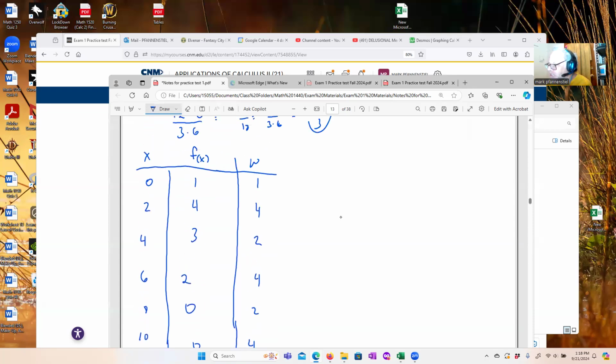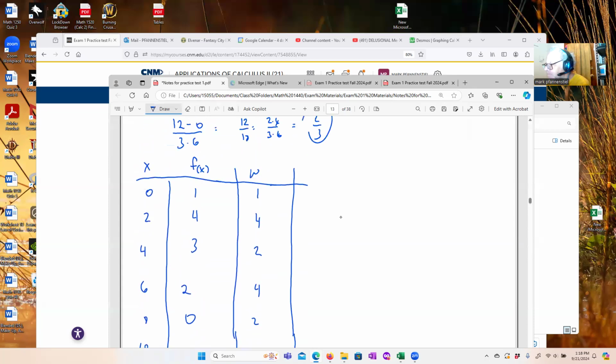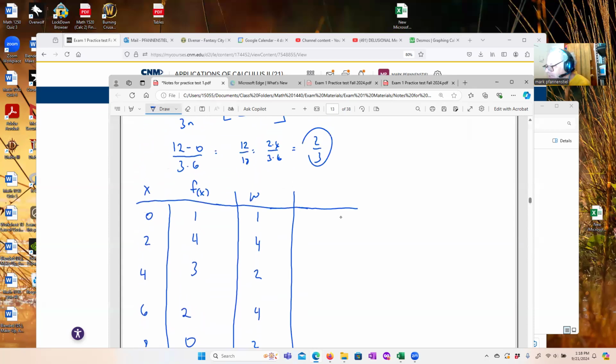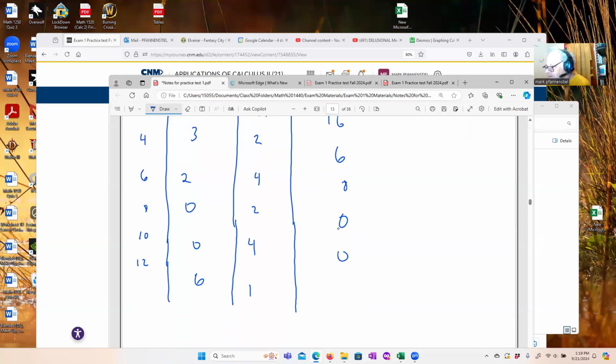All I'm going to do for the next column is multiply the weight times the function value, my w times f of x. 1 times 1 is 1. 4 times 4 is 16. 2 times 3 is 6. 4 times 2 is 8. 2 times 0 is 0. 4 times 0 is 0. 1 times 6 is 6.